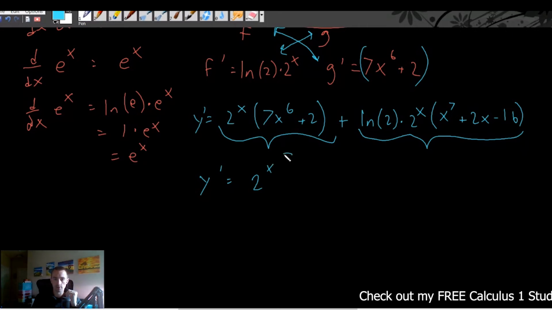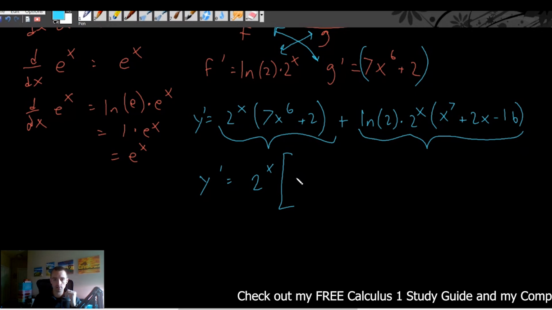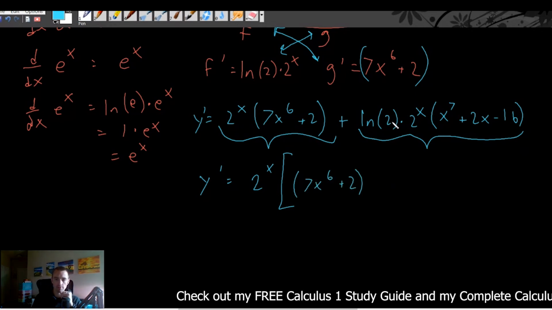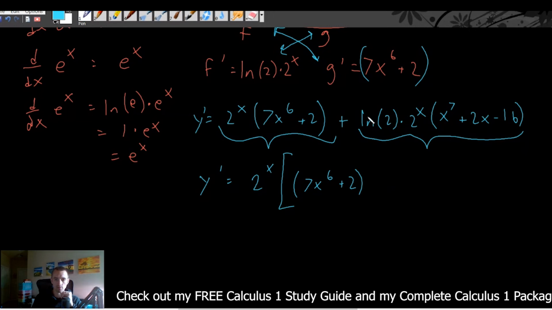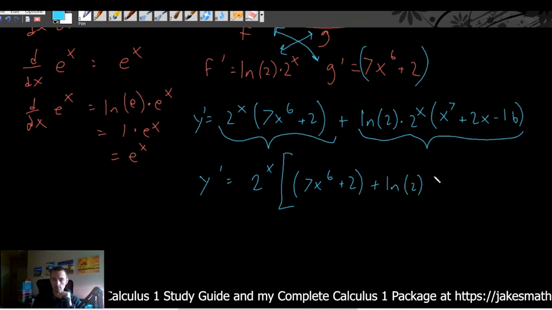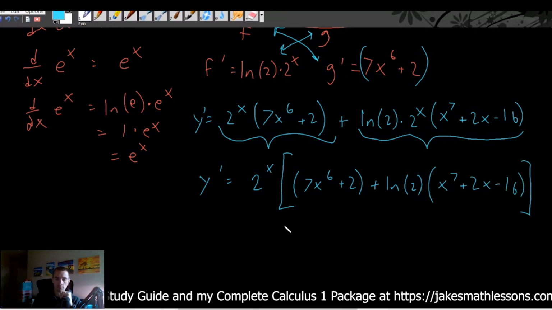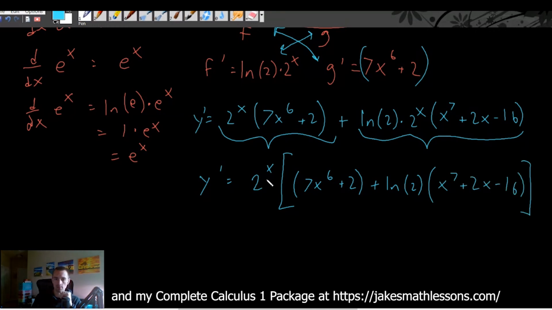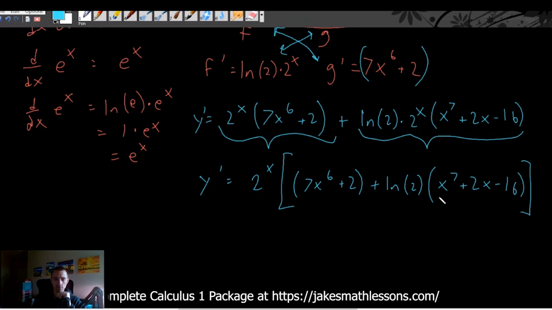So if we factor out 2 to the x from this first term, we're just going to be left with what's in the parentheses here. And if we factor out 2 to the x from here, we're going to be left with natural log of 2 times all the stuff in this parentheses. Right, so this 2 to the x is now being distributed to all the stuff within here.